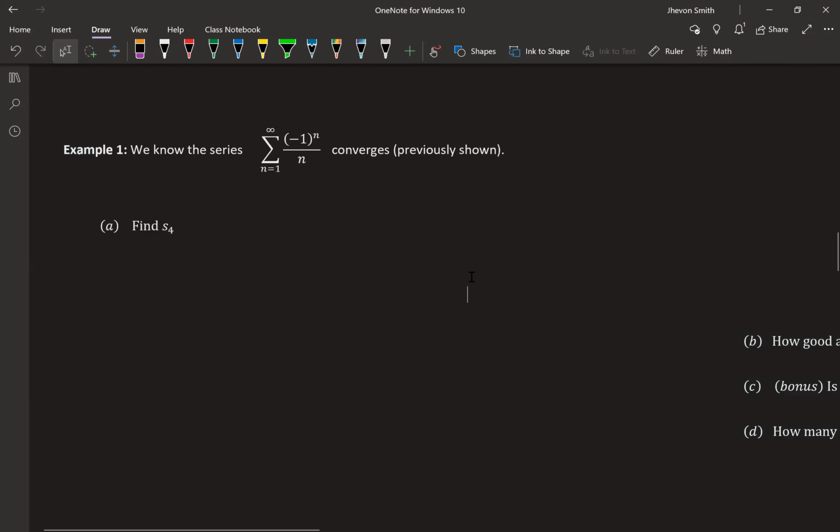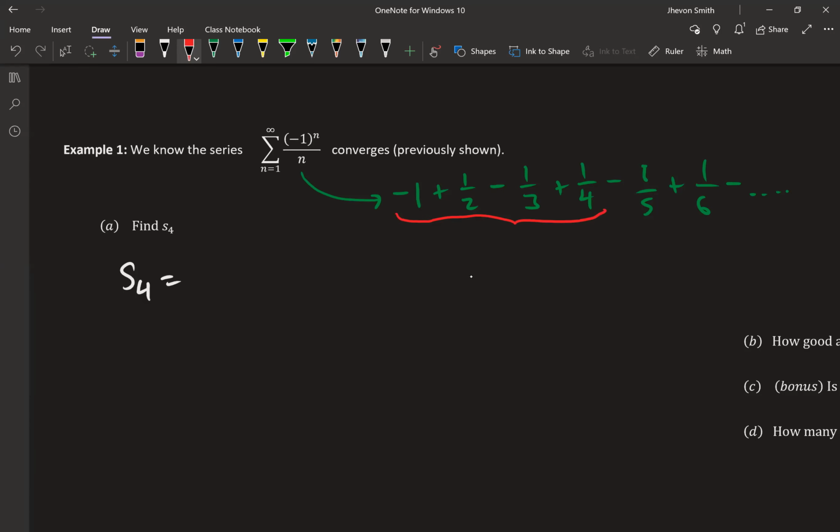How do I do that? Well, I just add up the first 4 terms. If I plug in n equals 1, it's minus 1, plus a half, minus a third, plus a fourth, minus a fifth, plus a sixth, and so on. The fourth partial sum S4 is minus 1, plus a half, minus a third, plus a fourth.